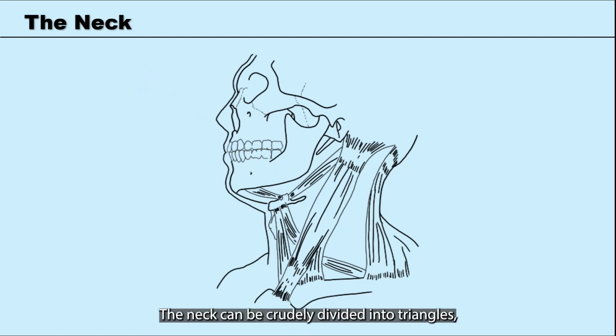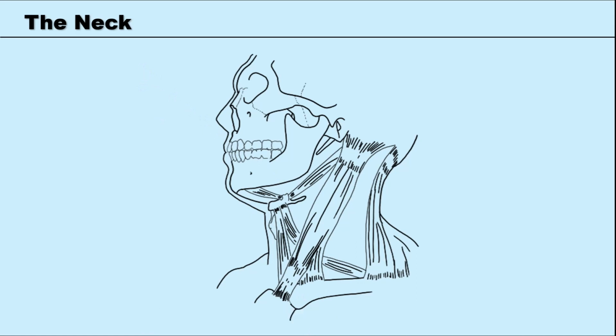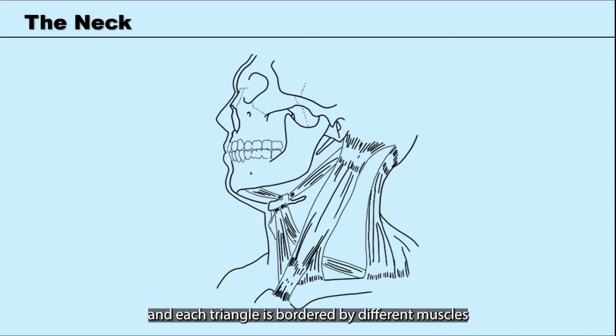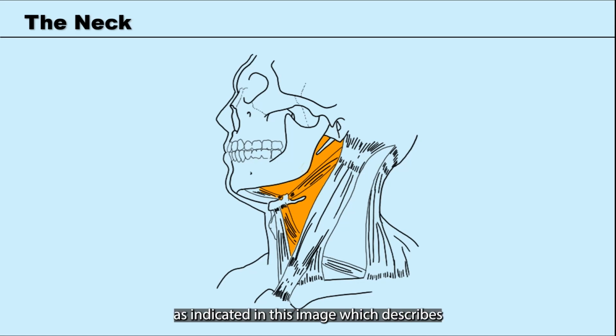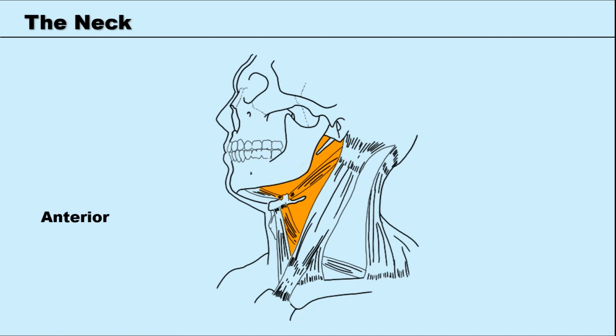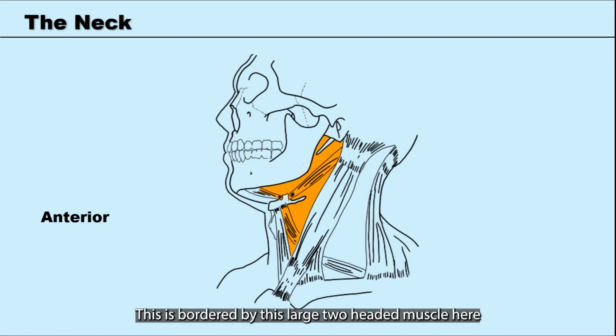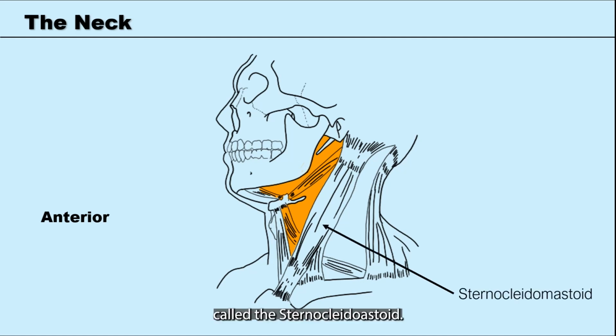The neck can be crudely divided into triangles, and each triangle is bordered by different muscles and has different contents within it. We have an anterior triangle, as indicated in this image, which describes the space towards the anterior of the neck. This is bordered by this large 2-headed muscle here, called the sternocleidomastoid.